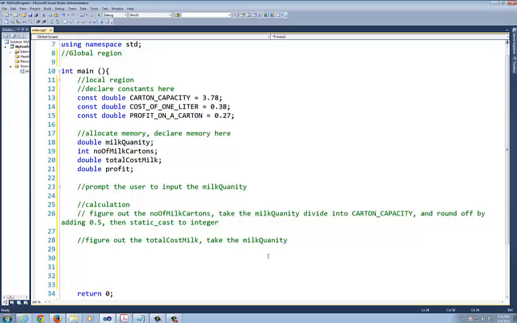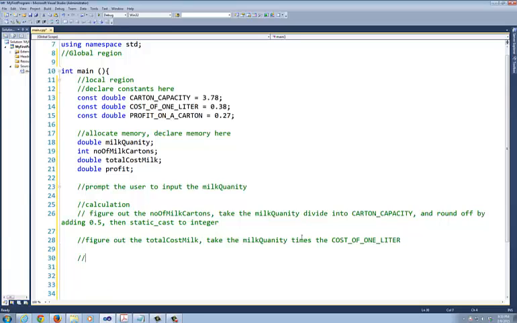You multiply that with what? The cost of 1 liter. So you multiply this times the cost of 1 liter, and you assign it to the total cost of the milk.